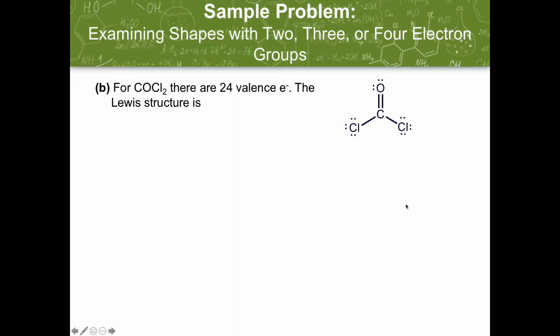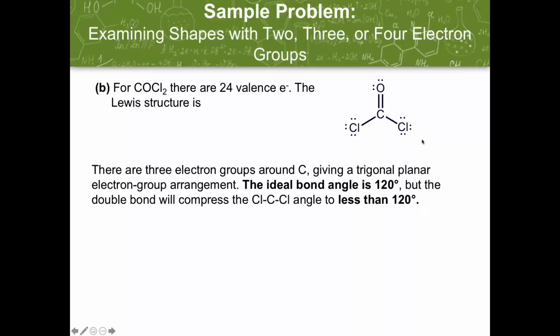Another example would be COCl2, where there are 24 valence electrons. Again, if you can remember our previous discussion on Lewis structures, you should arrive at this Lewis structure for COCl2. And then, we have to assign the electron group arrangement. So you have 2 single bonds and 1 double bond, which give 3 electron groups around the carbon atom and a trigonal planar arrangement.